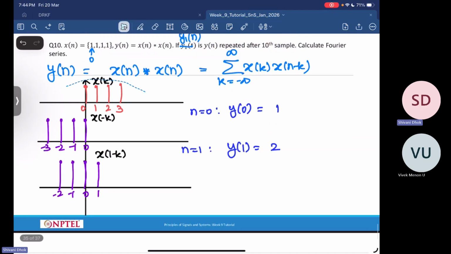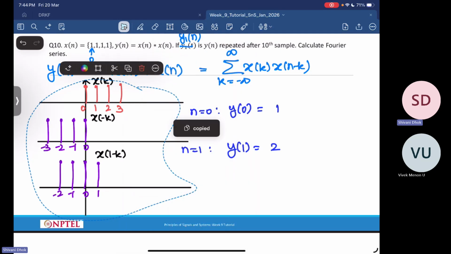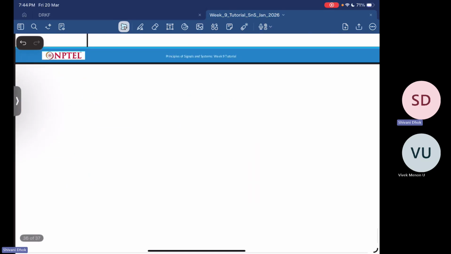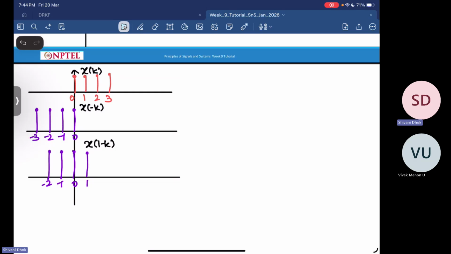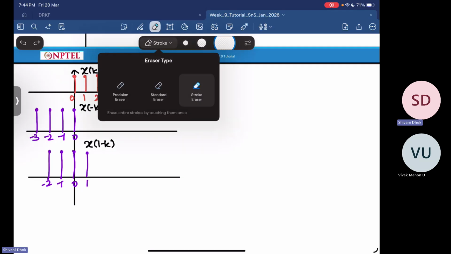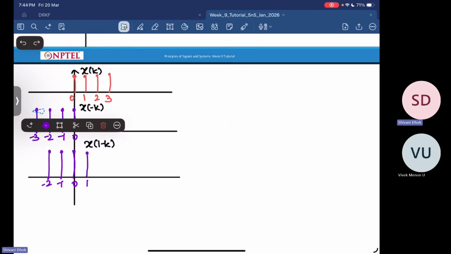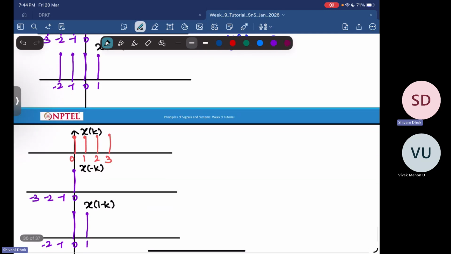So now you will shift it by one more unit.